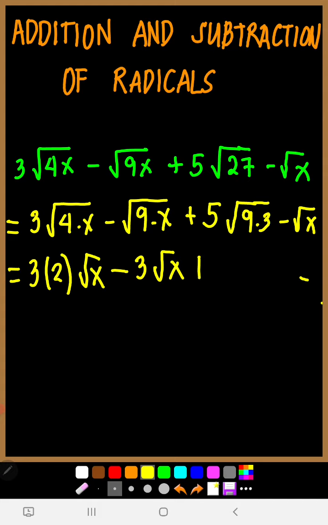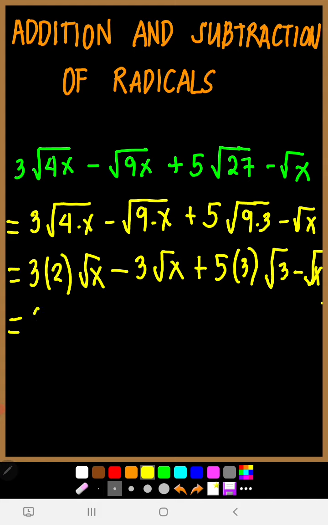Okay? Plus 5. Okay, may square root of 9 tayo. So, square root of 9 is 3. So, multiply natin sa 3, yung 5. And then, square root of 3. Okay? And then, minus square root of x. Kasi, wala na siya. Diyan na siya. Hindi siya na makakalabas. Okay?